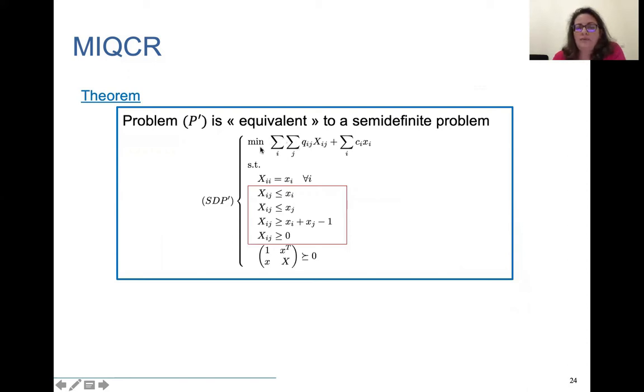So to have the best matrix S, you have to solve this semi-definite programming problem, which is an improved, because it is more constrained, version of the previous SDP program. So you have a tighter bound.